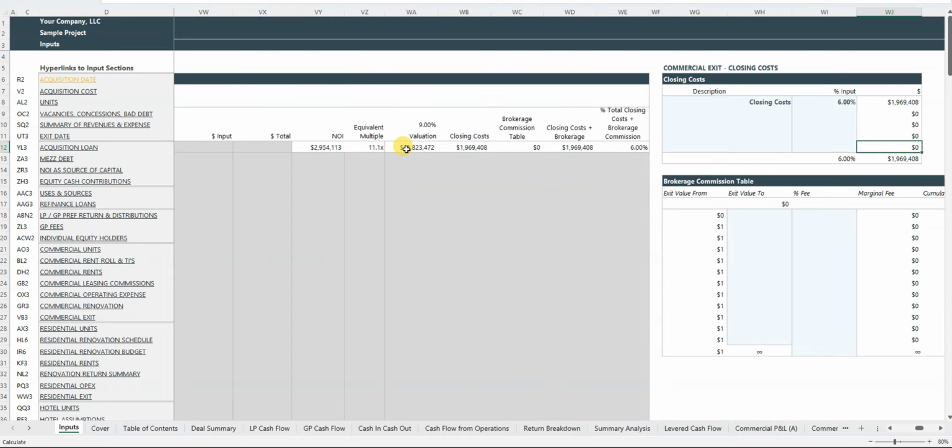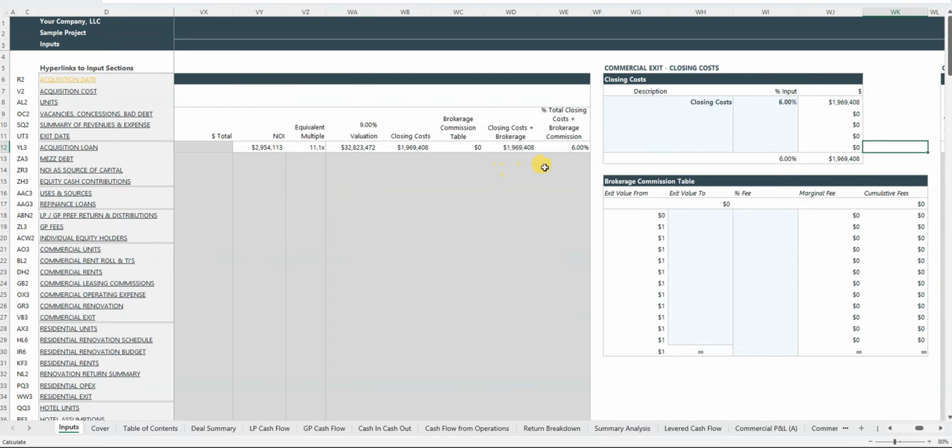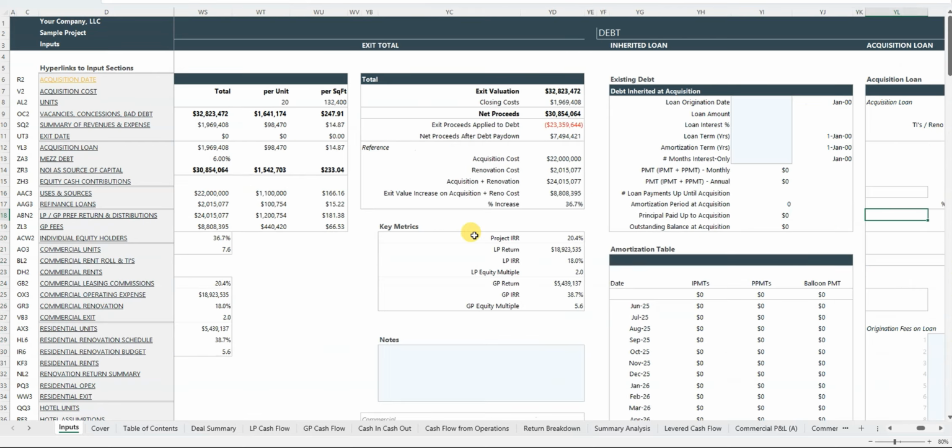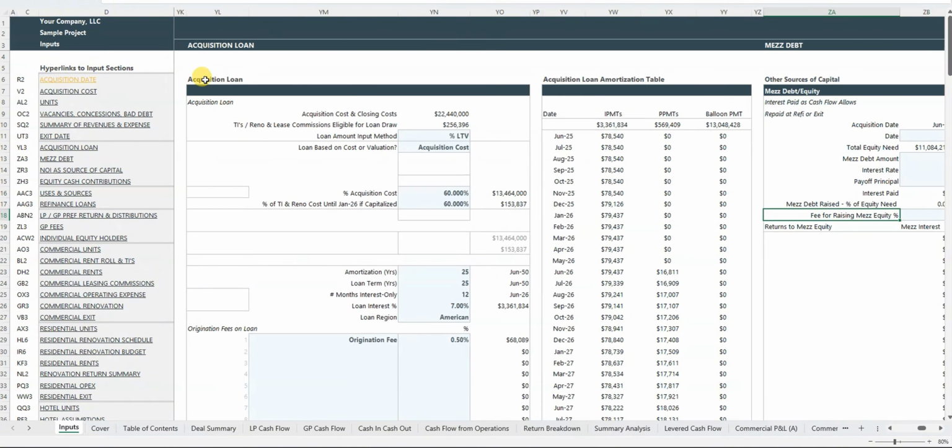It tells me the NOI, the valuation, the closing costs. The closing costs are input here. I can also have a brokerage commission table that I map to based on the amount of the value and so on. Here in our financing section, we can input the acquisition loan as a percent of, say, LTV.